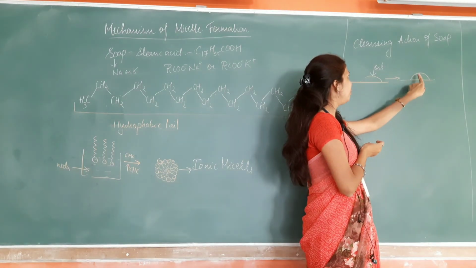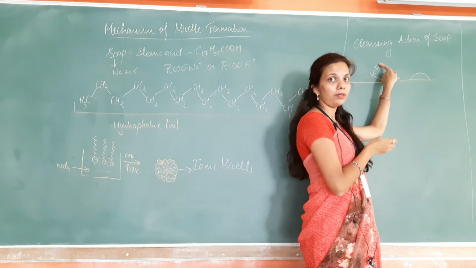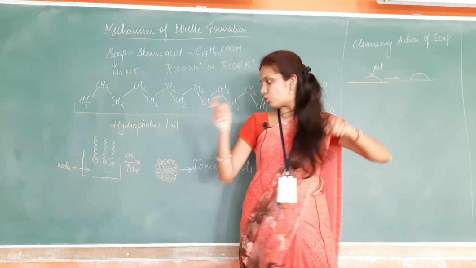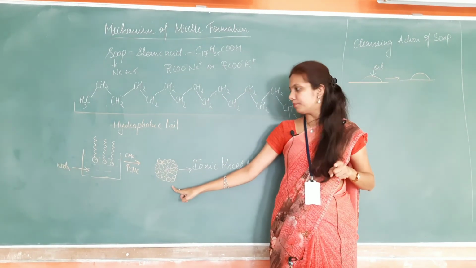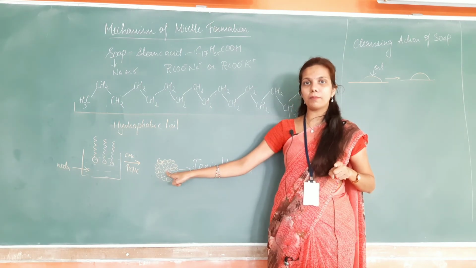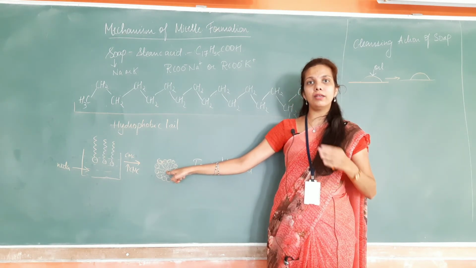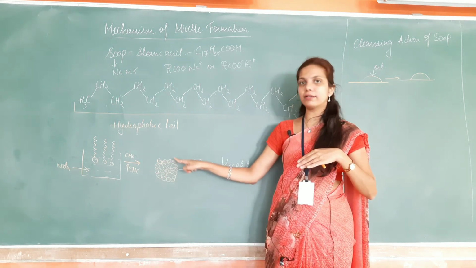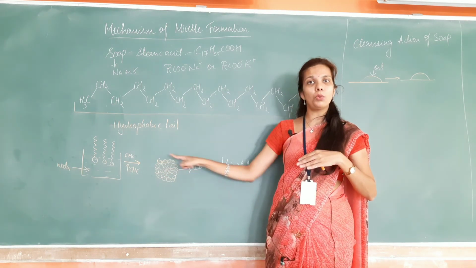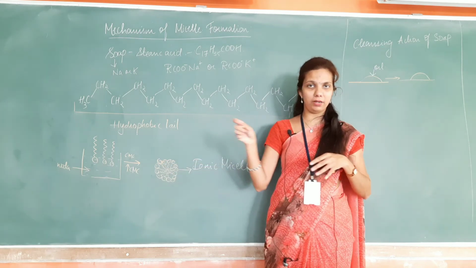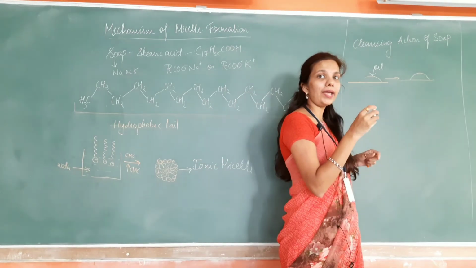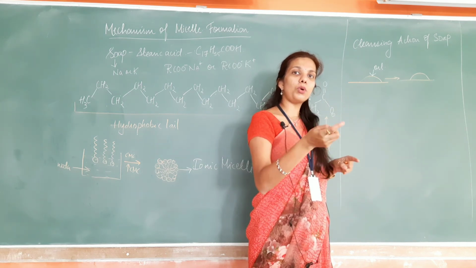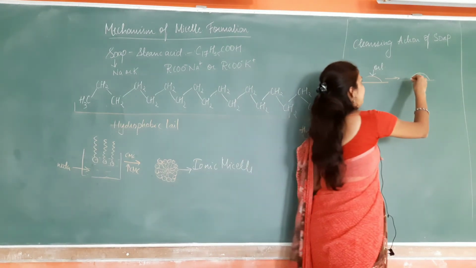I know that oil is a hydrocarbon, and like always attracts like. In the formation of a micelle, we have the hydrocarbon tail at the inside, and the stearate ions at the outer area of the sphere. So where is my hydrophobic part going to go? It is going to go into the oil droplet.